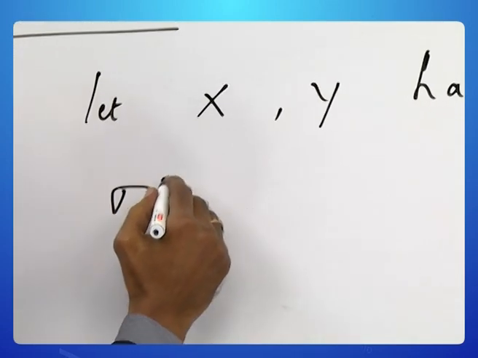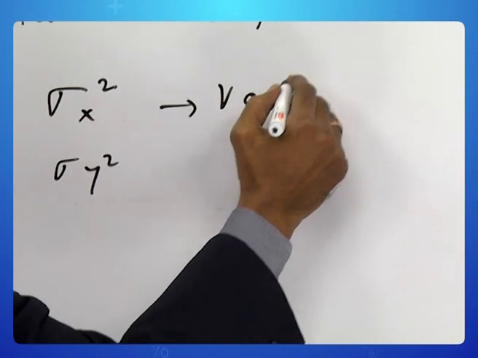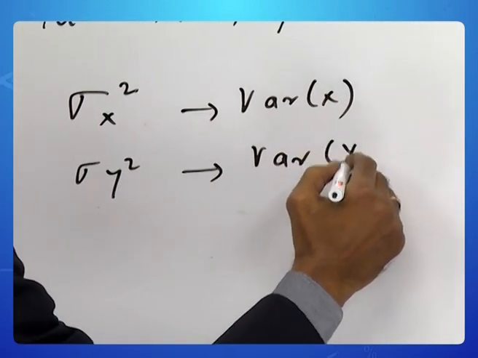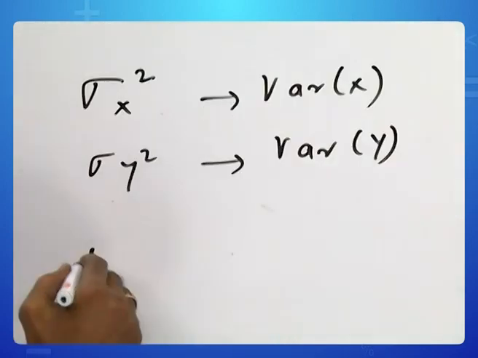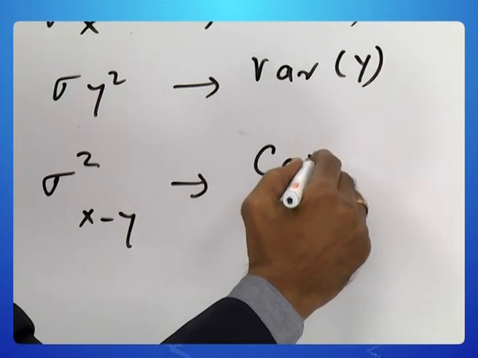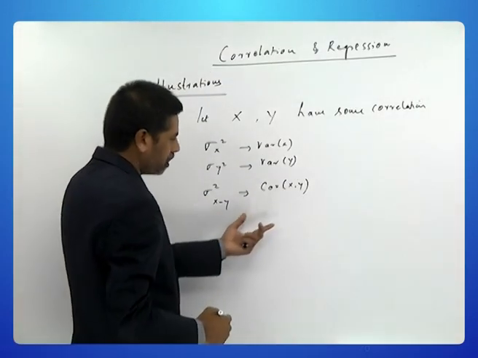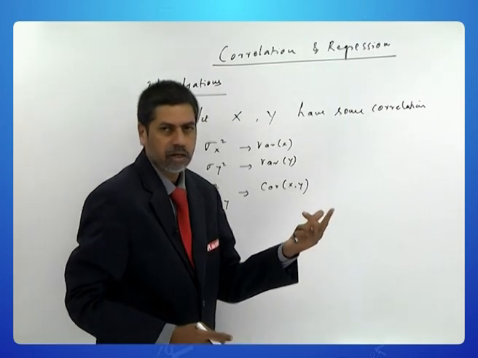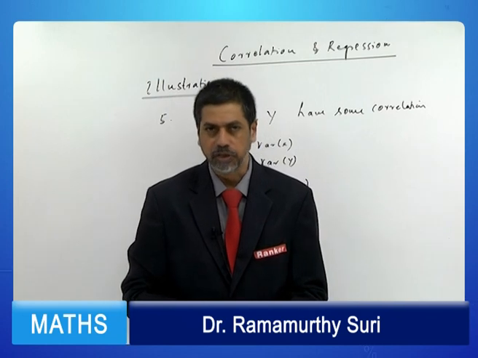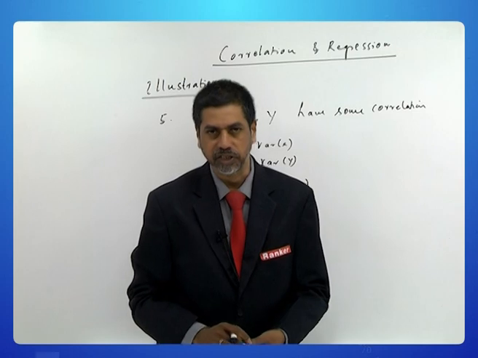We can compute variance of x, we can compute variance of y, we can also compute what is known as covariance between x and y. The covariance between x and y is a quantity which measures the amount of association between x and y. It can be positive or negative depending upon the nature of the relationship.